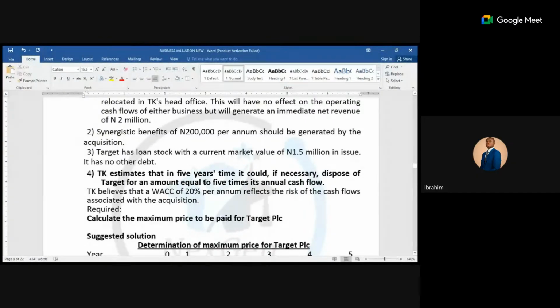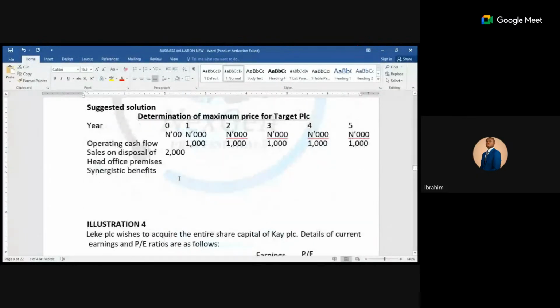Can you see? 200,000 per what, class? Per annum. 100,000 naira per annum. 200,000 per annum. Can you see it? 200,000.